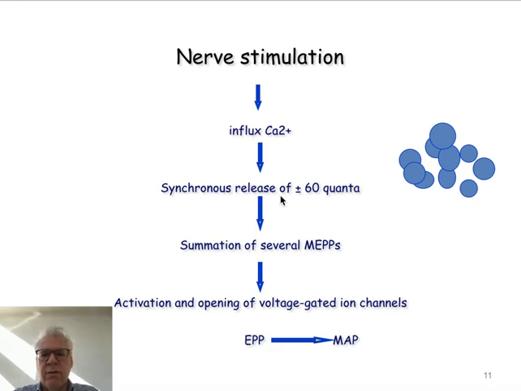So there's relatively a lot of acetylcholine released in the cleft, and that will induce several miniature end plate potentials, and they do summate, temporal summation mainly, and that is typically sufficient to activate and open the voltage-gated sodium ion channels. And then an end plate potential is created, resulting in a motor action potential. So there will be an action potential traveling across the myocyte, and that will, in its turn, result in muscle contraction.